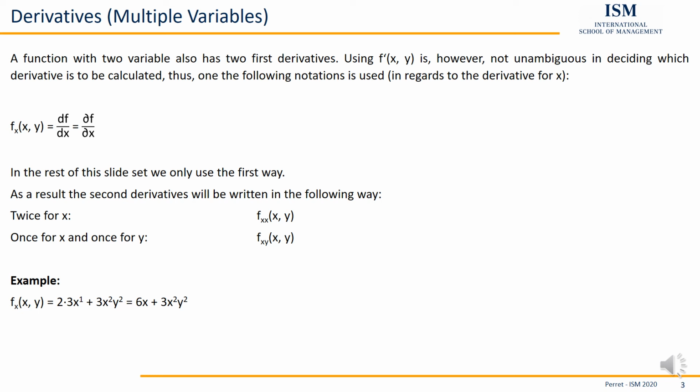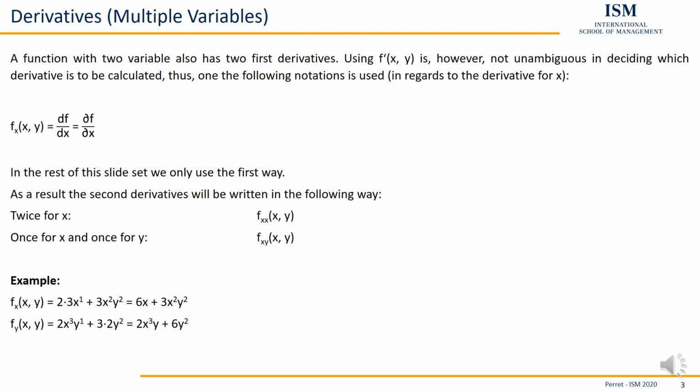Similarly, if we were to derive for y, then we would have kept the x like a parameter. It would look like this. And then we can continue and, for example, derive each of these functions again for x or for y.